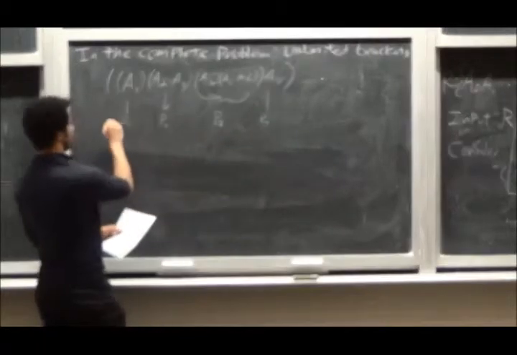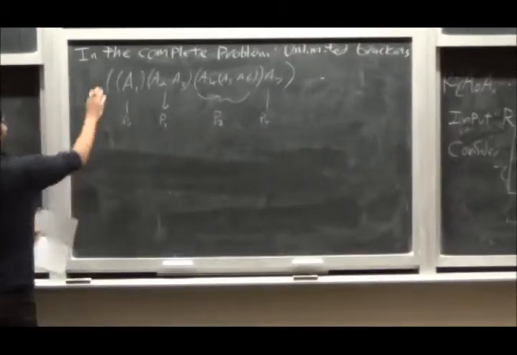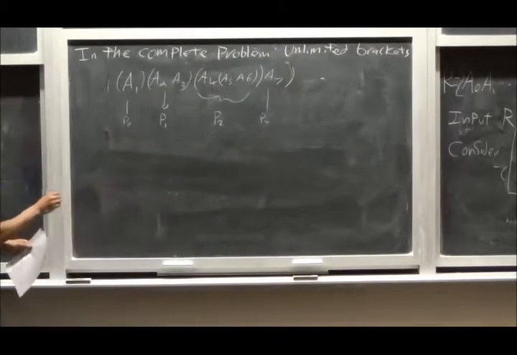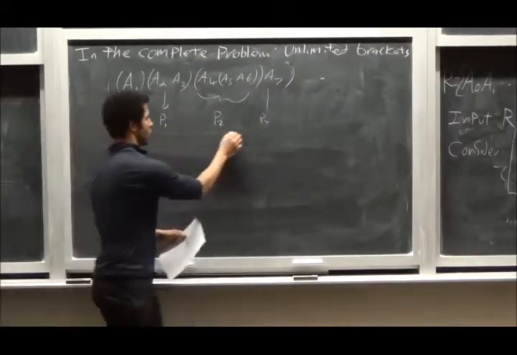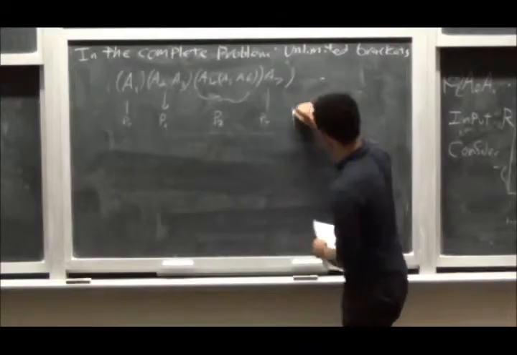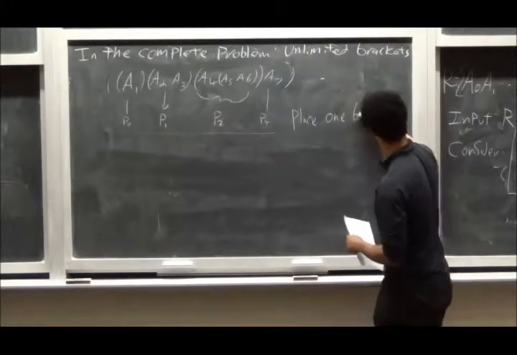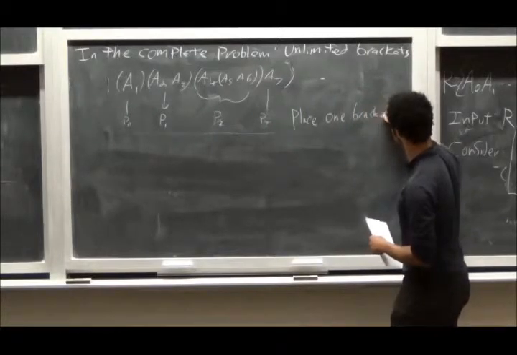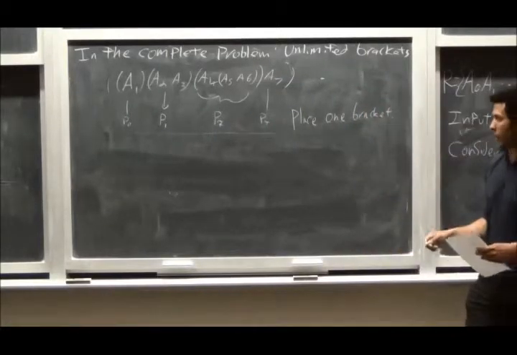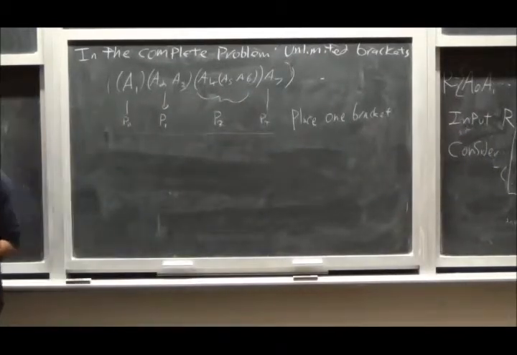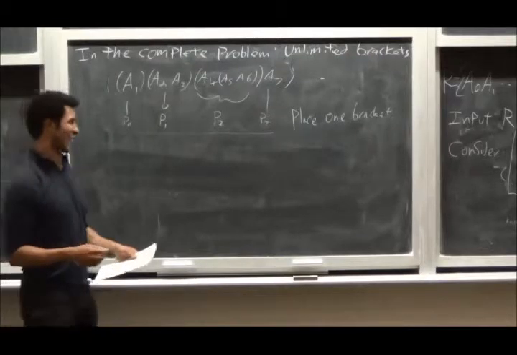And really what we want to do, when you step back and forget about the last one because it's super redundant, is look at the problem of placing one bracket. How hard is that? Not too hard.